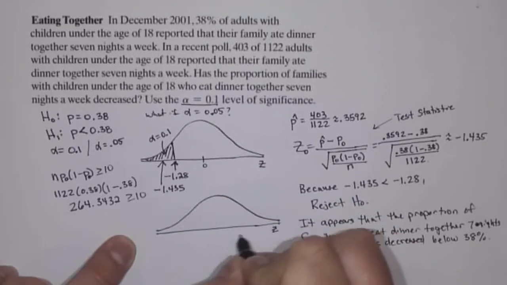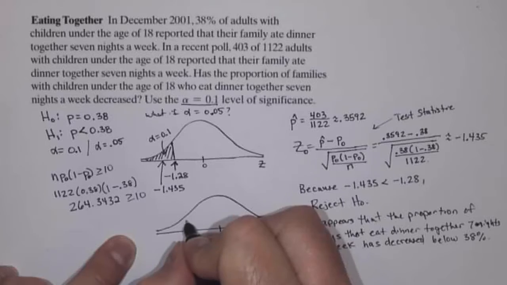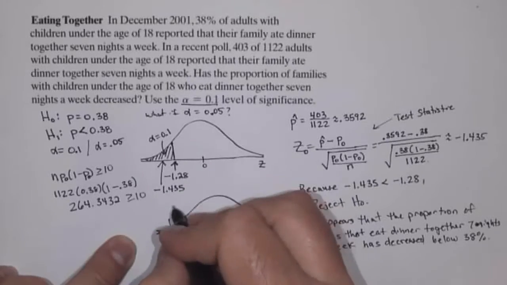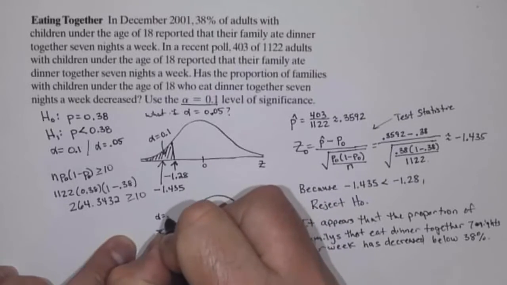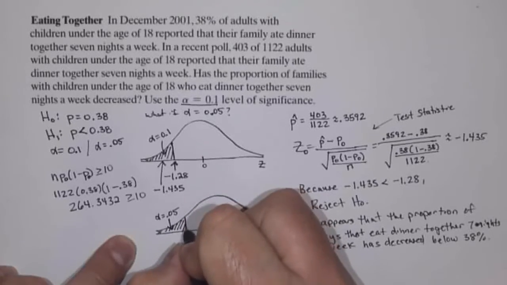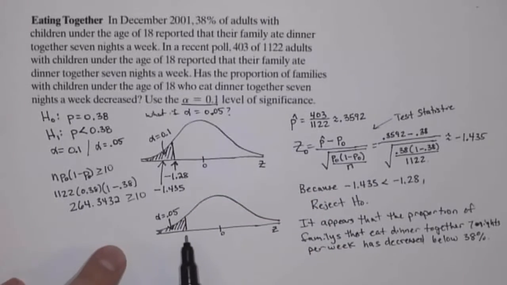I have the normal distribution. The difference would be, though, my area in the left tail, instead of being 0.1, would be 0.05. So if that area in the left tail is 0.05, then that would change the value of my critical value.